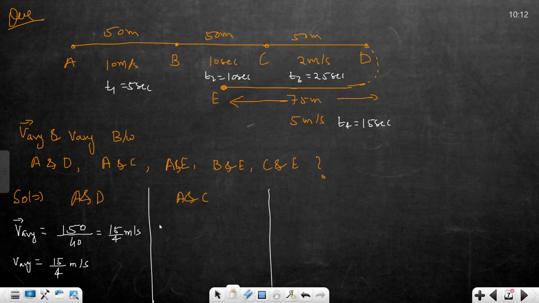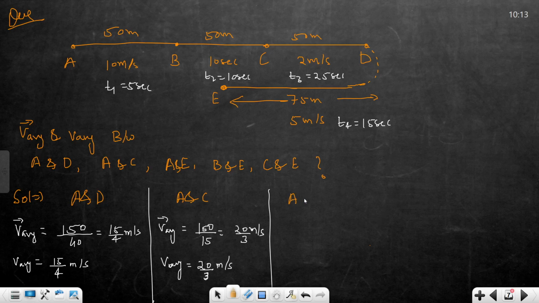In that case, also average velocity will be equal to average speed because displacement is 100 between A and C and time is 15. So this is coming 20 by 3. And speed is also 20 by 3 because direction is same. Okay. Direction is same. Clear?